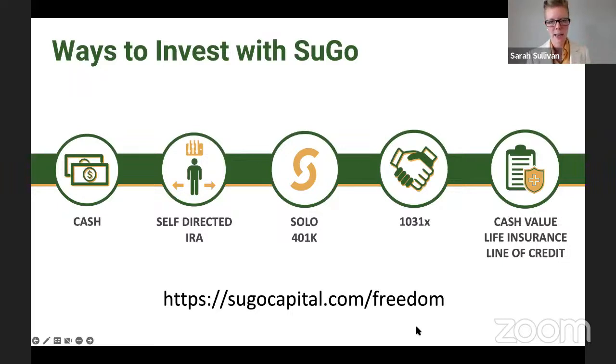You can obviously use cash that you have from your snowball or in your savings account, but you can also use your IRAs and your 401ks.